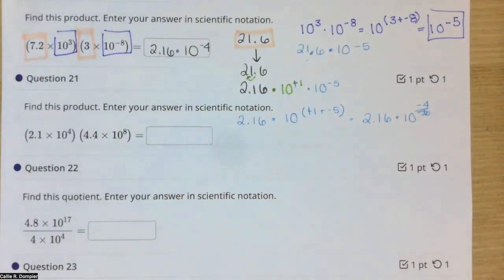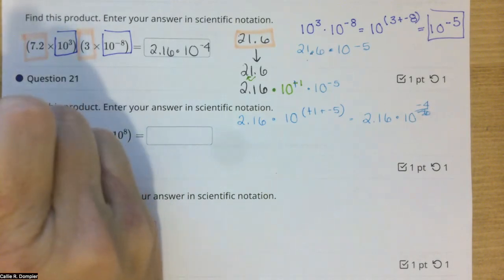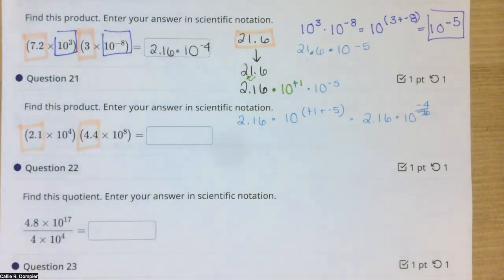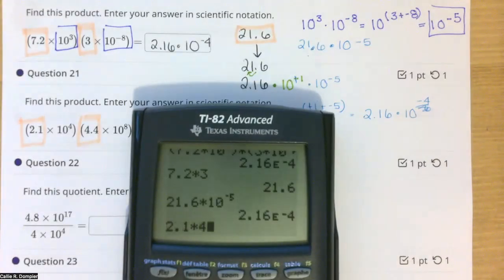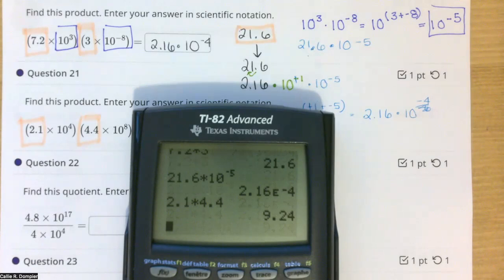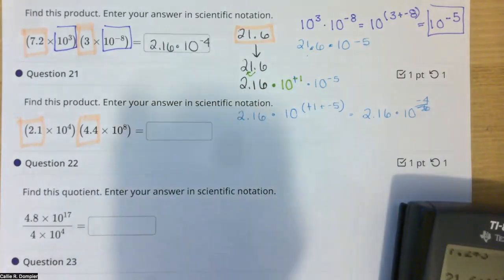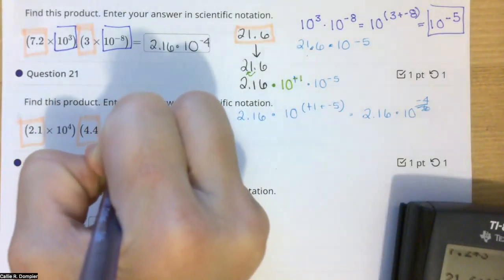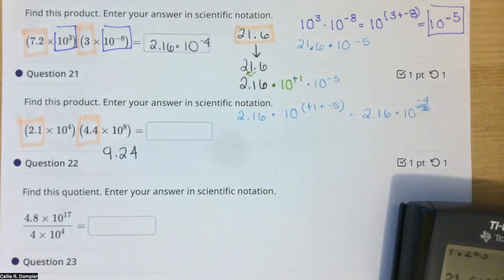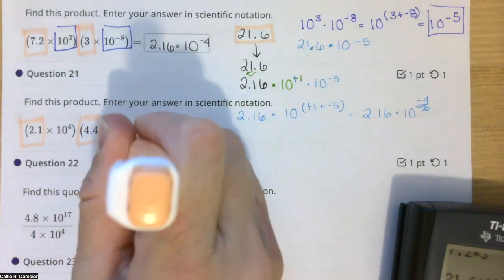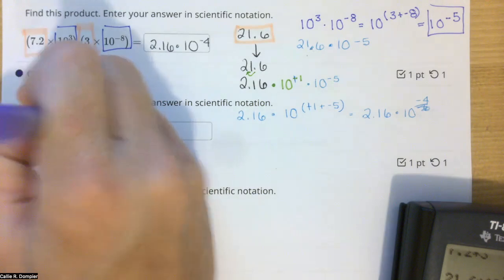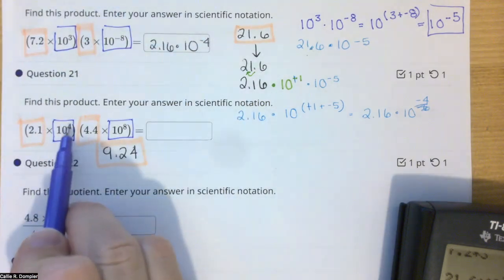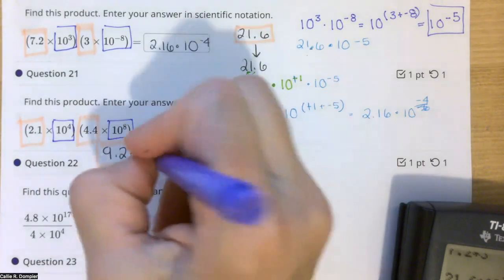Another way to do it, same way, multiply 2.1 times 4.4, which is 9.24. And that's good because that's already in scientific notation. That's easier, right? And then we have 10 to the power of 4 times 10 to the power of 8.